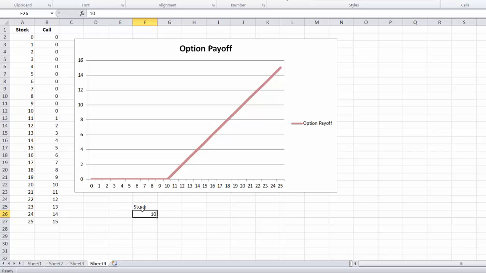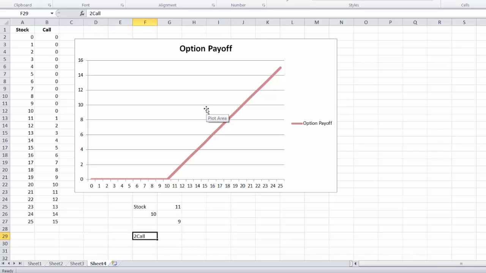But I'm worried about what's going to happen tomorrow, because tomorrow the stock could go up to $11 or it could drop down to $9. Well, how about I sell 2 calls? So I'm going to sell 2 calls.